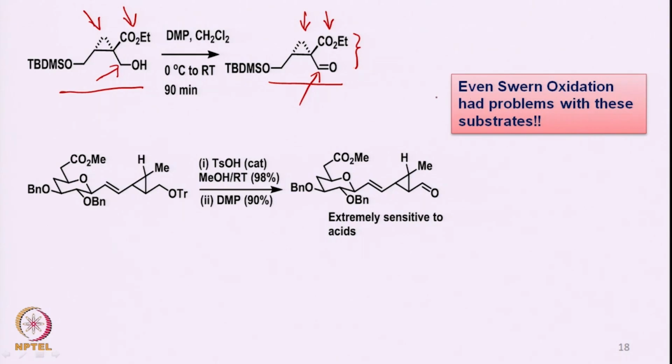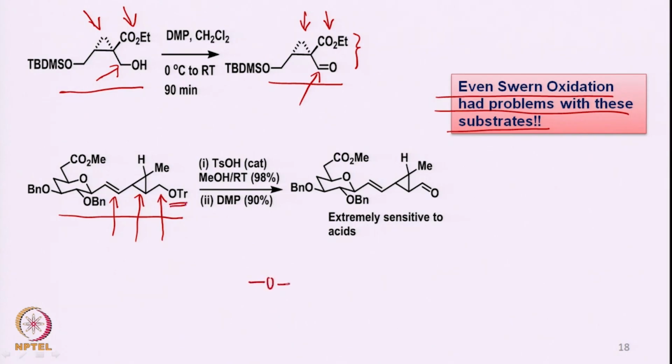So when people carried out Swern oxidation using these kind of substrates, they had problems, because if you recall, under the Swern oxidation condition, hydrochloric acid is also one of the byproducts that comes off. In a similar fashion, if you take a substrate of this kind, which is a very complicated substrate having a double bond in conjugation with a cyclopropane ring, and then of course you have the alcohol which is protected as trityl.